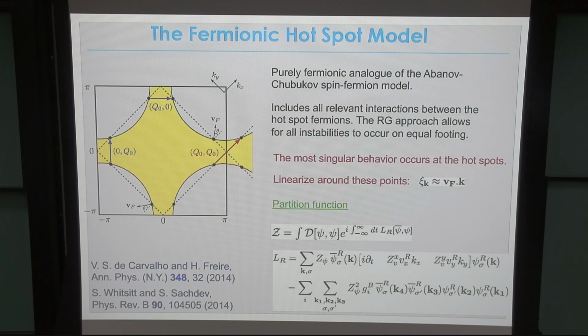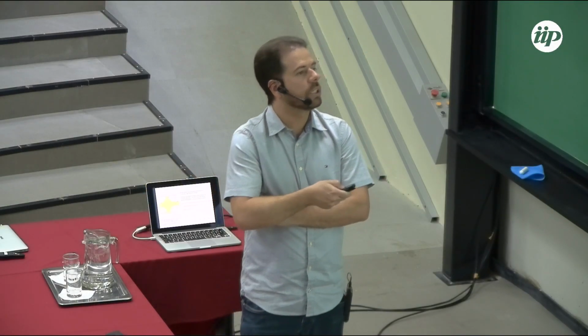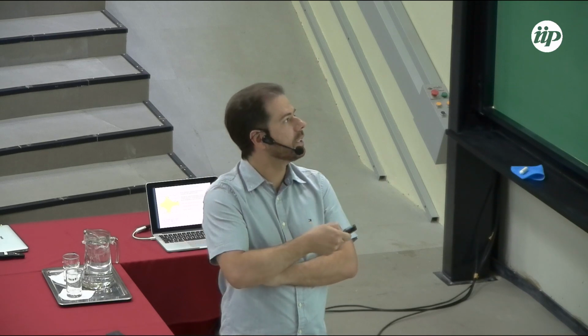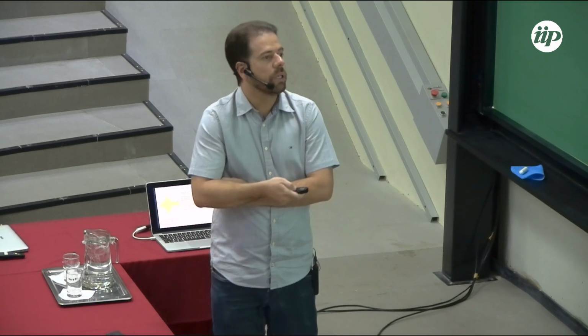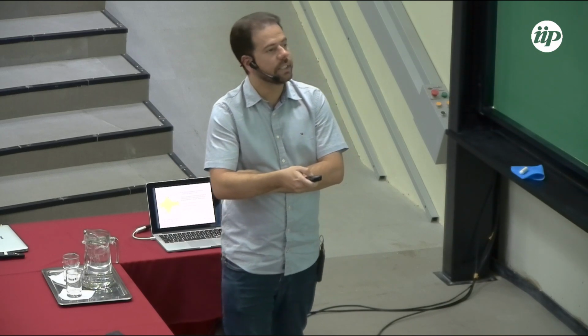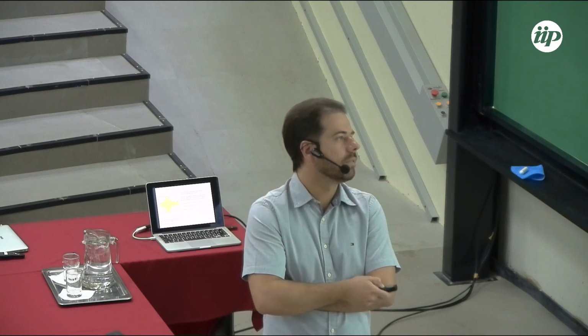We are going to use an RG approach, which allows for all the instabilities of the model to occur on equal footing. The most singular behavior, the most important behavior here, occurs at the hotspots. These are the special points here. And we are going to use this approximation of linearizing the energy dispersion around these points.